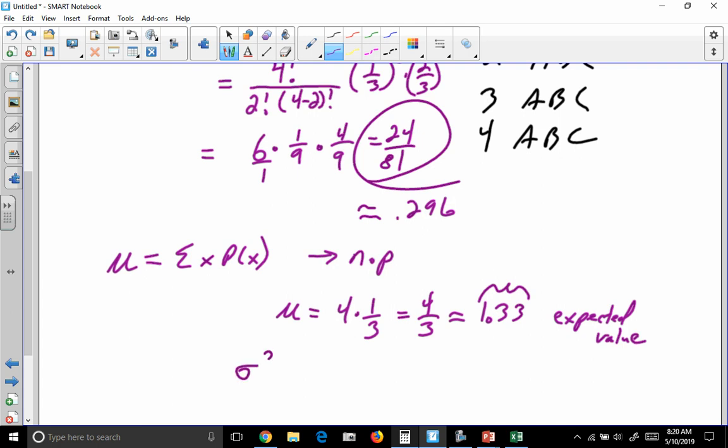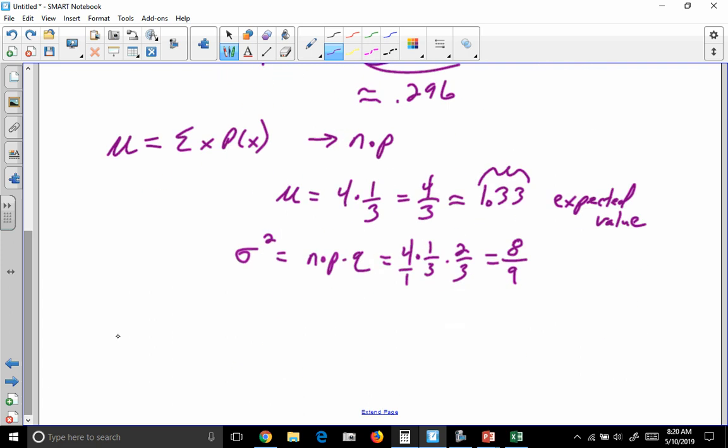So that wouldn't bode very well for our grade. Now let's find the variance. The variance is n times p times q. So for ours, 4 times 1/3 times 2/3. So 4 times 1 times 2 over 9. So that is our variance.